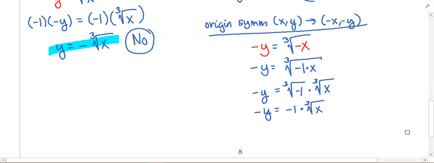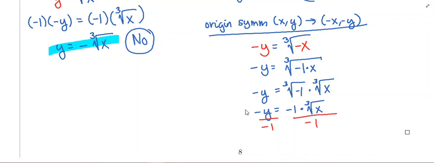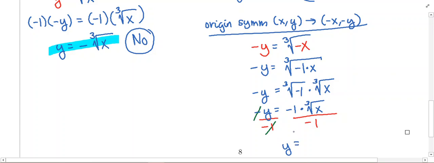And then what we can do is we can either multiply or divide both sides by -1. So I'm going to take this side and divide by -1. Whatever I do to one side, I have to do to the other. Then you will see this negative sign will cancel with this negative sign. That will leave you with positive y is equal to, on the right, this negative sign will cancel with this negative sign and leave you with positive cubed root of x.